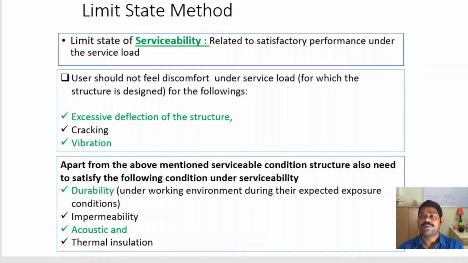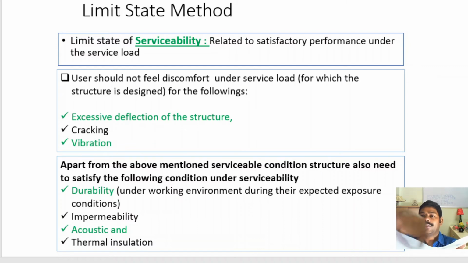Suppose you have designed one floor like this, and the occupant tries to walk like this. See here, the structure has not failed, but the structure will undergo excessive deflection. Here you can see this excessive deflection.